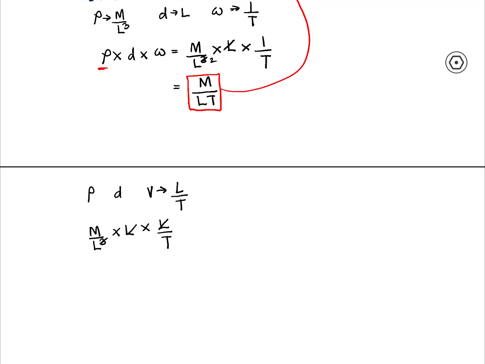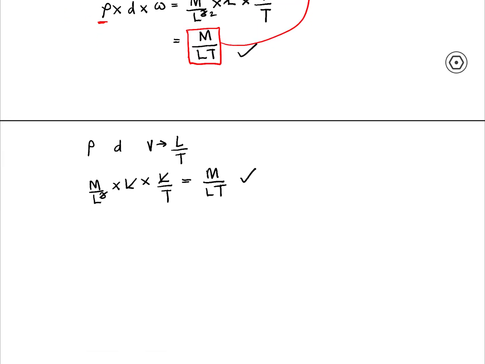So we can cancel out, then the unit is m/LT. Then rho, d, and velocity can be used as repeating variables. Density, diameter, and velocity. So both of them can be used. Okay, we move to the next point, number 3.